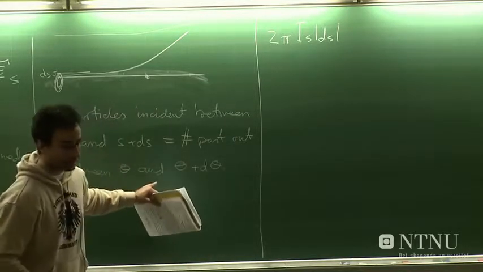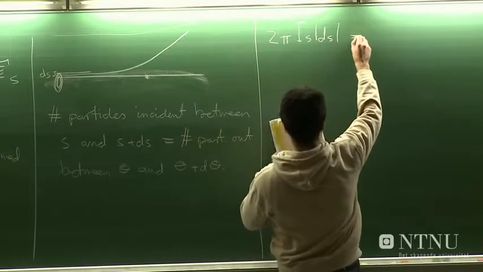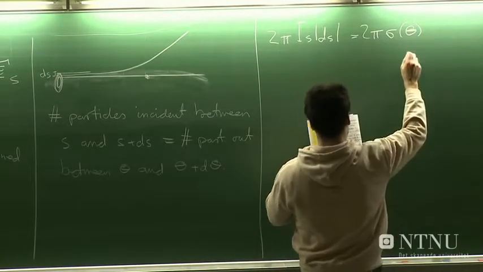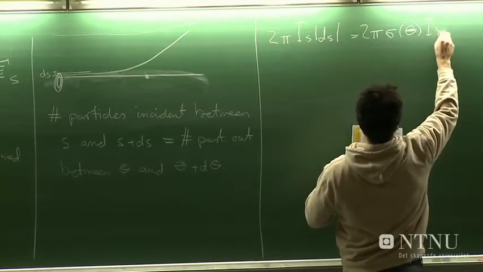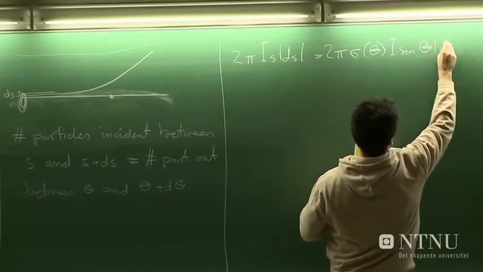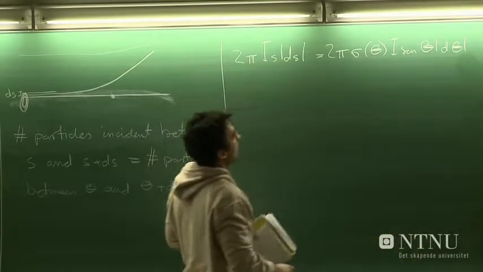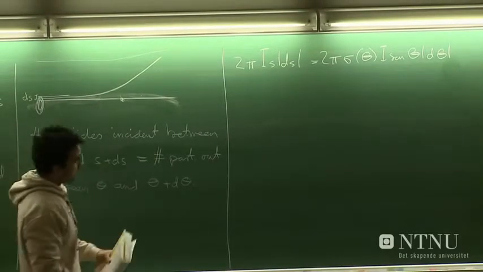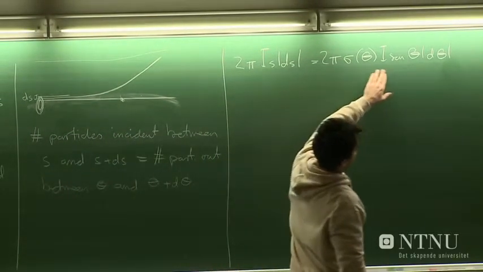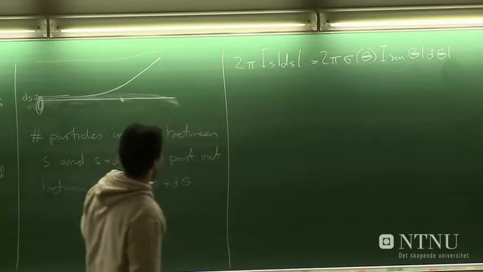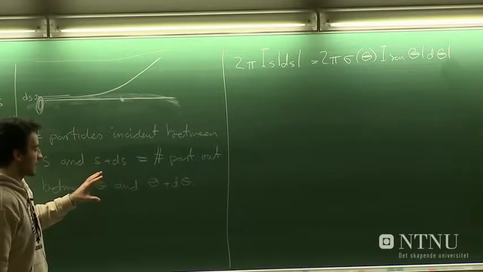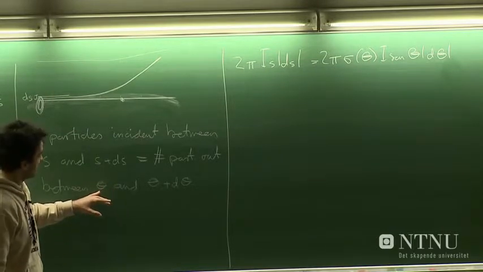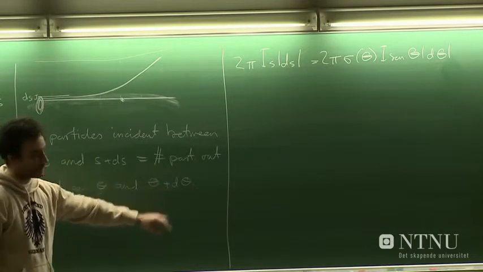Now to the right-hand side. Just using the same type of argument, this will be the number of particles outgoing in this area or solid angle between theta and theta plus d theta.